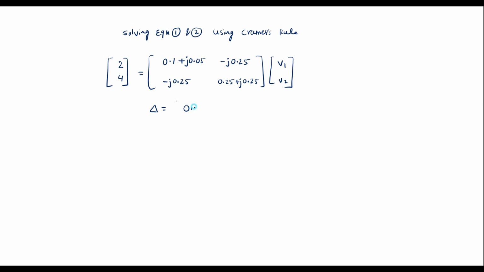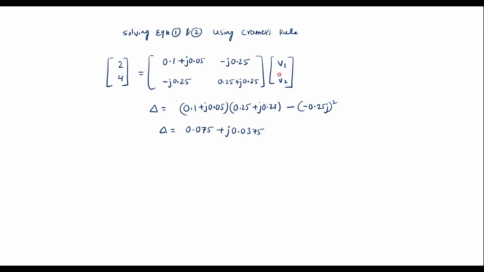That is (0.1 plus j0.05) into (0.25 plus j0.25) minus the multiplication between these two factors, that is minus 0.25j squared. So directly feed these values in calculator, we will get 0.075 plus j0.0375. So this is the delta value.